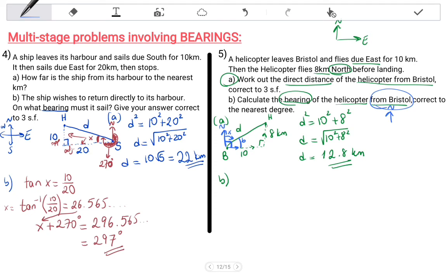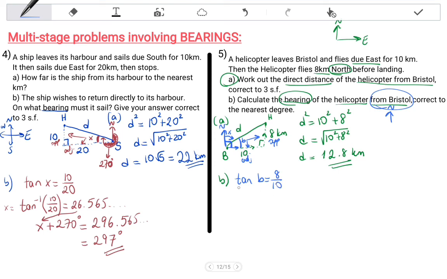So let's try to find the angle B as I labeled with the letter B. The trigonometry can be used because the opposite and adjacent sides are known, so TOA, tangent, can be used. Tangent of B equals opposite over adjacent, so it's 8 over 10.